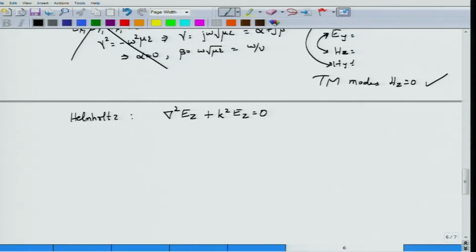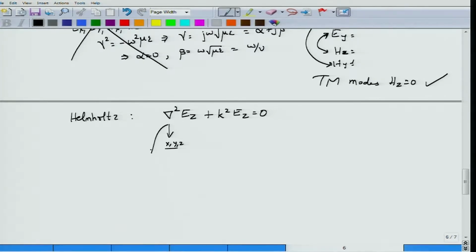What does a Laplacian operator consist of? Del square by del x square, del square by del y square, and del square by del z square. So this operator has differential operators with x, y and z. Okay, x and y are transverse, z is the longitudinal one.